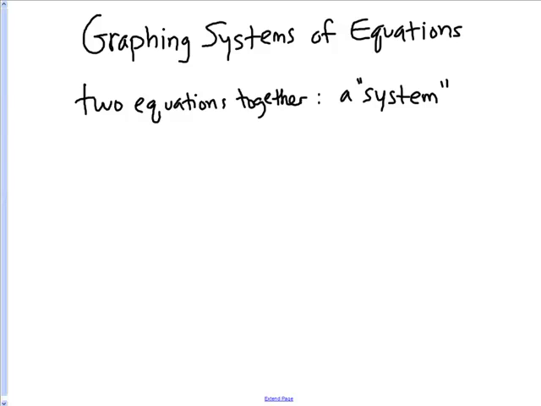And when those two equations are together, they may have a solution. So a solution is the intersection or the points that the two equations have in common.